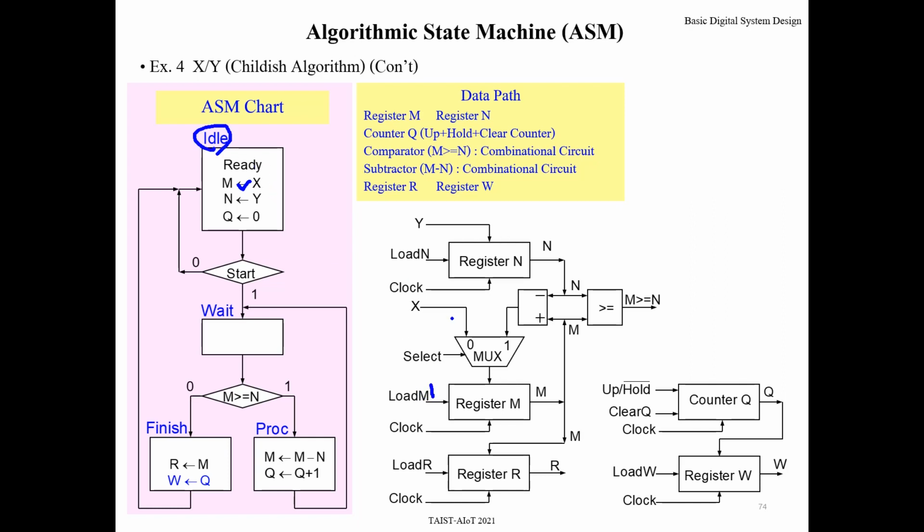At this state idle, load N also should be 1, and clear Q counter should be 1 at this state, right? And for state wait, for example, the one not active should be 0, 0, 0, okay, something like this. As state process, load M active again, it should be 1 at here. As the process count up, it should be 1 at here.